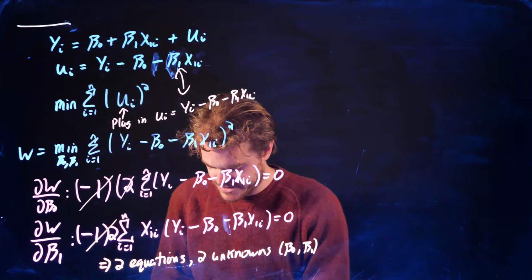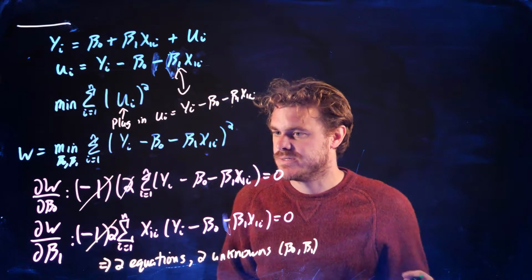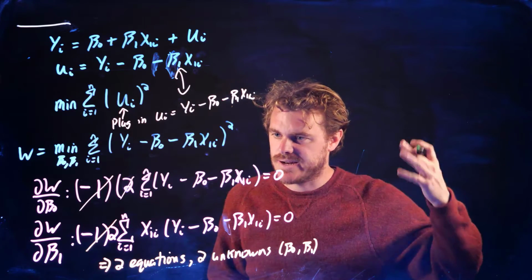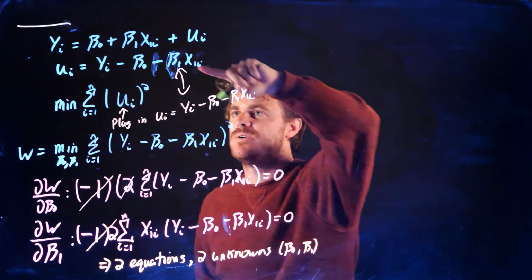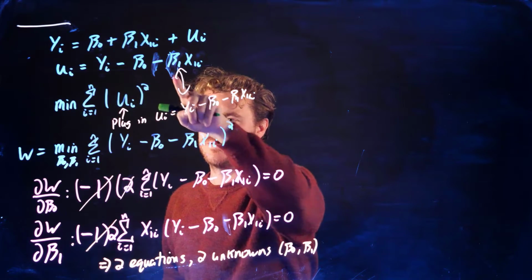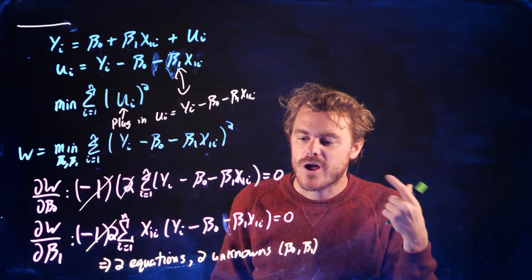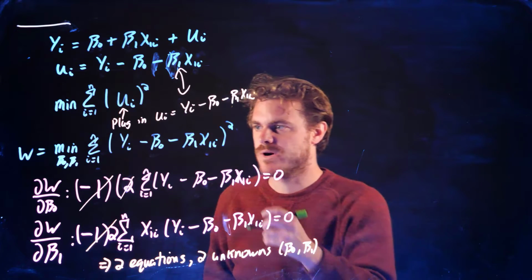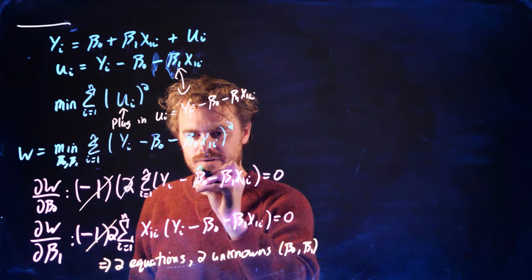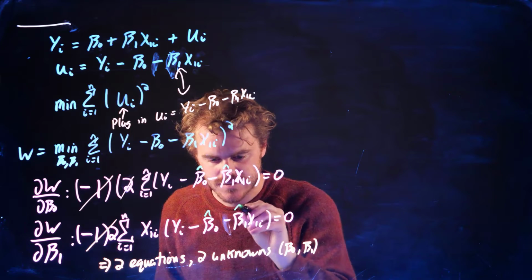Now I'm going to go back and do something really quickly. It's important to understand what's happening. These beta zeros, remember, were the true values. But now we're coming up with an estimator. They're not representing the true values anymore. So as soon as we take the derivative, we should start putting hats on these betas.